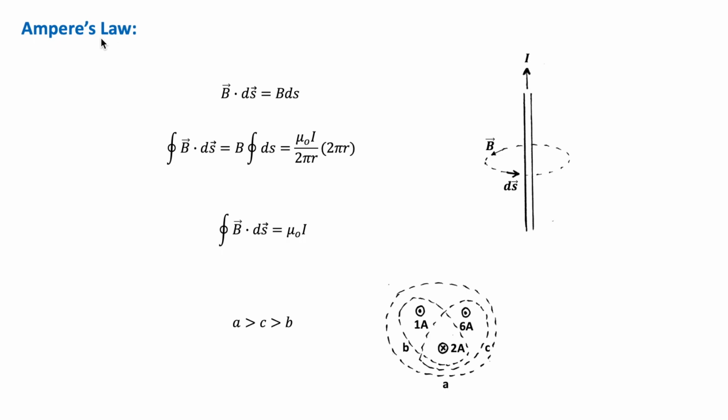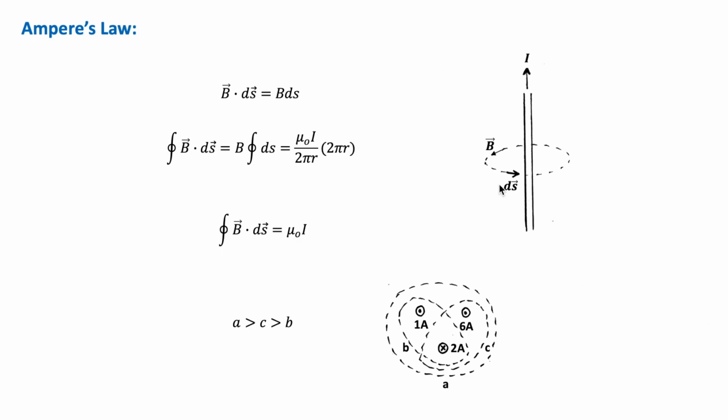Okay? So for the wire shown here, as we have seen in previous slides, the lines of the magnetic field form circles around the wire. And if we take a path around the wire and we evaluate the closed integral of B dot ds, you can see that B is parallel to ds, so the dot product is equal to B ds.